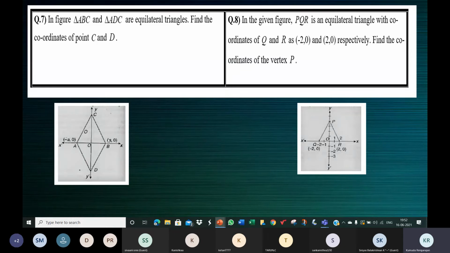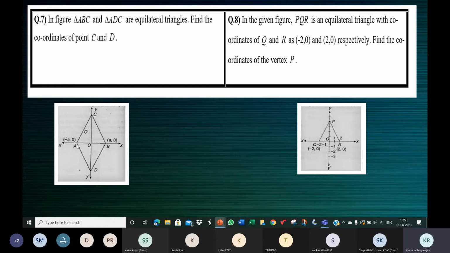Since AB is 2A and the triangles are equilateral, all the sides are equal to 2A units. So AC is 2A, BC is 2A, AD is 2A, BD is 2A.